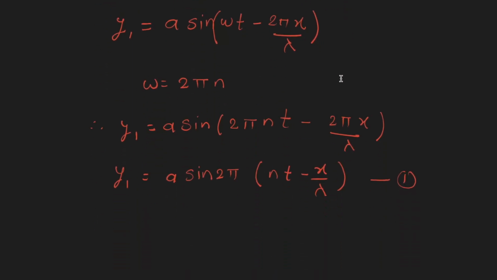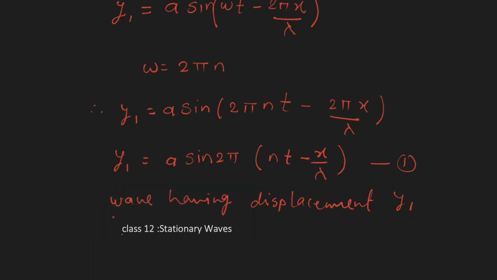Okay, here this negative sign along the x axis shows that this wave having the displacement y1 is moving in the positive x direction.